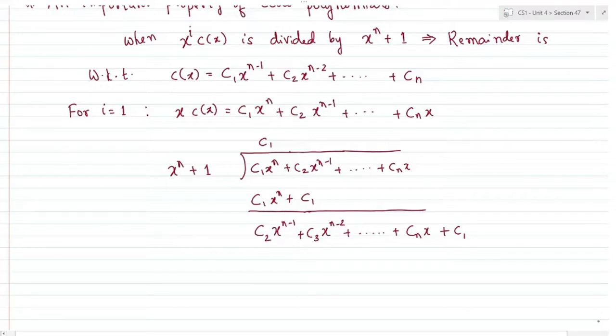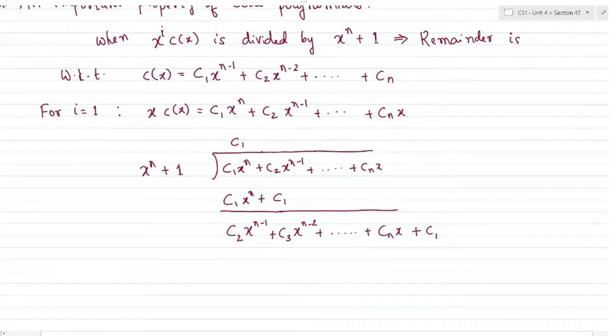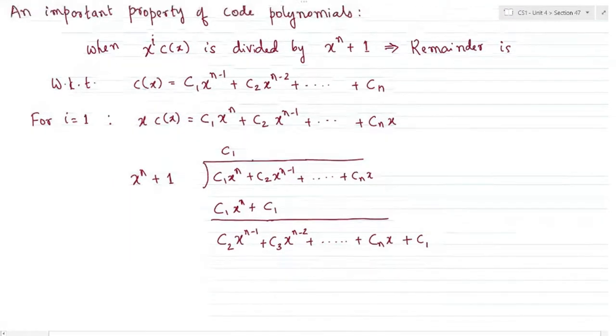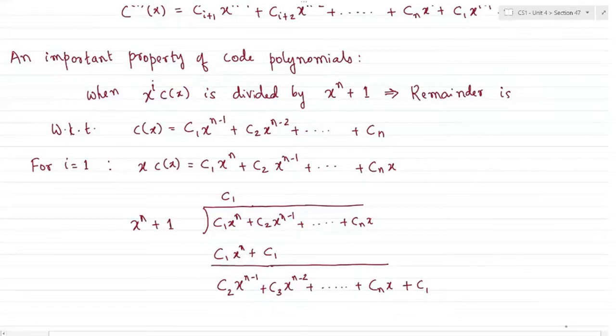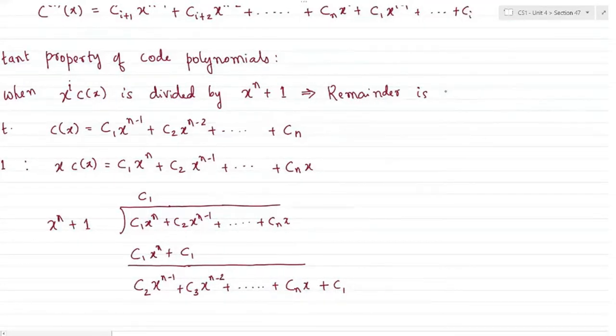And hence I can say that if I continue for the value i equal to 2 and up to i equal to n in general, using the induction method, I can write in general that the remainder for this division would result in just the ith shifted version of the original code word, which I can write as c^(i) of x.